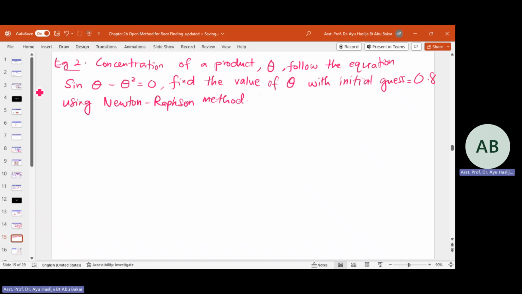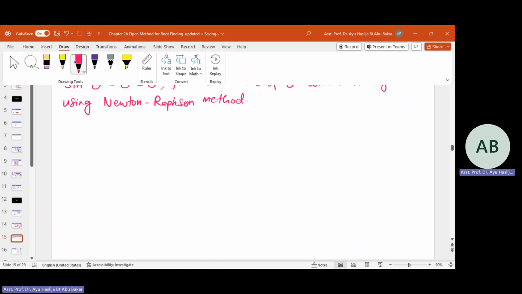So this is your f(x), sine theta minus theta power 2. We know that Newton-Raphson requires the differentiation of the function.